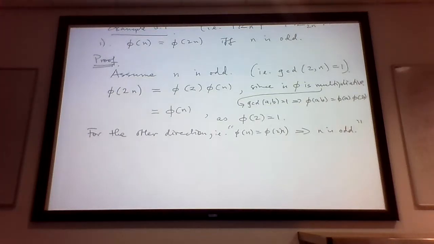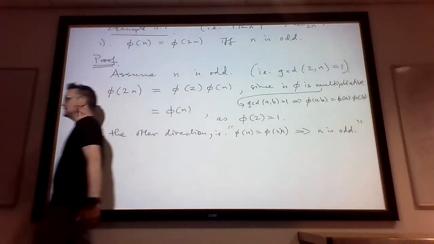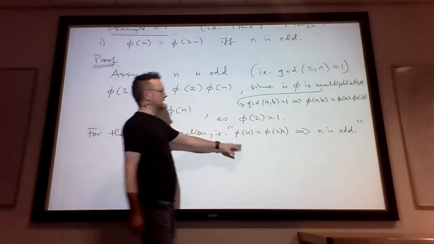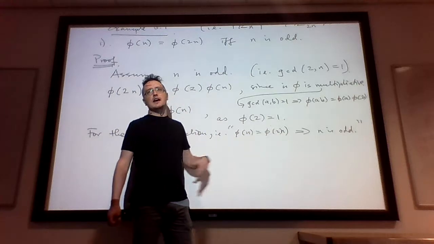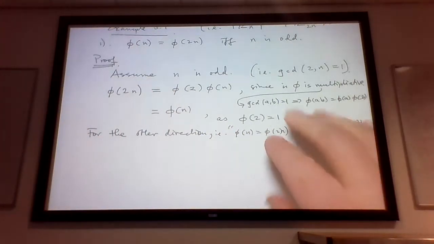This direction, as it's currently phrased, is a little bit awkward. Because what I'd maybe like to do is assume that 5n is equal to 5 2n, and I'm probably going to want to use the multiplicative formula.